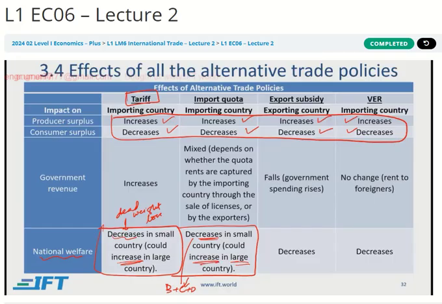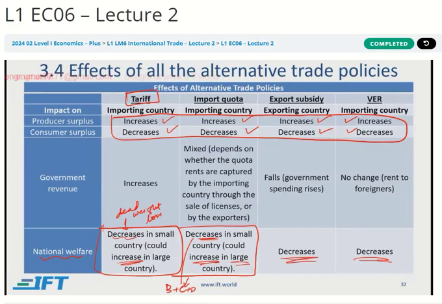It could be a positive increase in the national welfare if the large country is putting a quota, because the exporting country will have to reduce the prices. But in the case of a voluntary export restraint, there is a loss in national welfare, because you are not getting any additional revenue, and the exporting country is voluntarily restricting its export, so they are probably going to charge higher prices instead of lowering prices, and your country is not going to benefit.